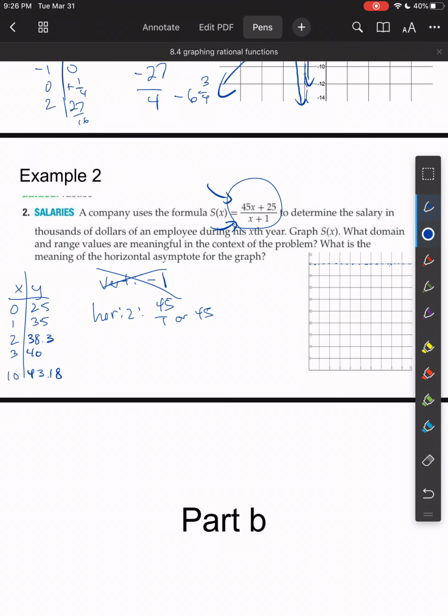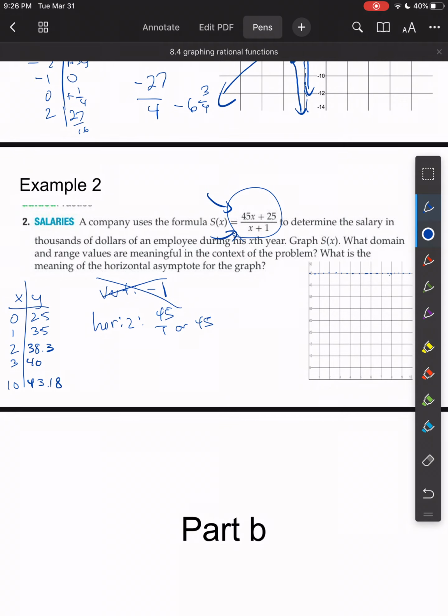Now I'm going to plug in numbers for years. Say you just get the job. You're at year 0, you have no experience. You plug a 0 in for X, and you will be at 25, because 45 times 0 is 0 plus 25, so we have 25 in the numerator and 1 in the denominator.